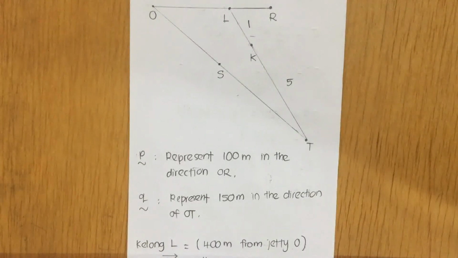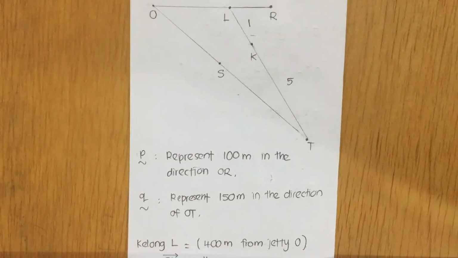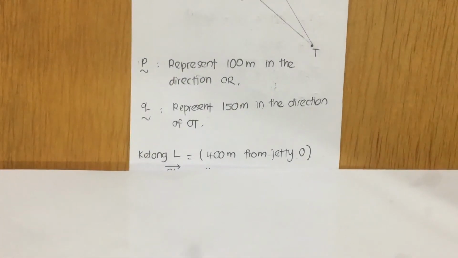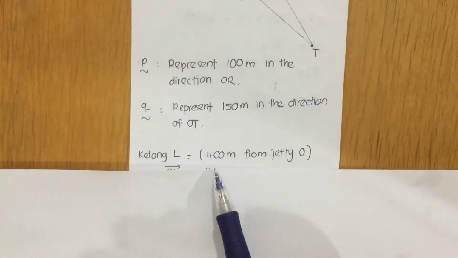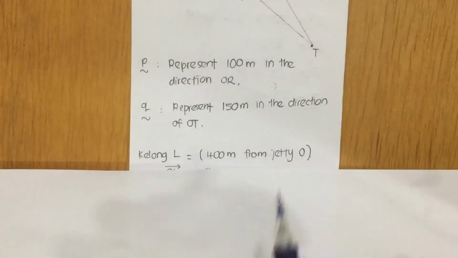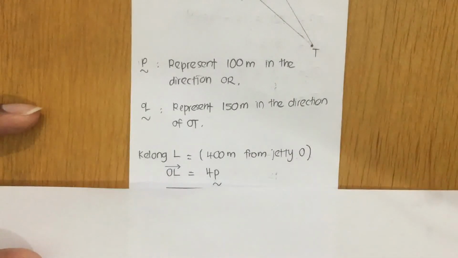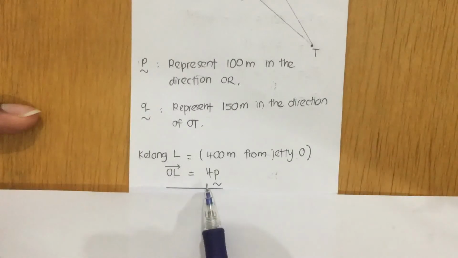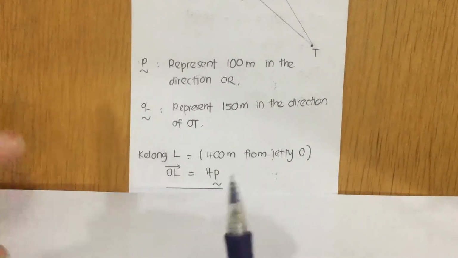So Kelong L, in the question they've mentioned 400 meter from jetty O. Let me pull the paper up if you can't see it. Since they mentioned in the question 400 meter from jetty O, from here you can denote that vector OL is equal to 4P. Why 4P?